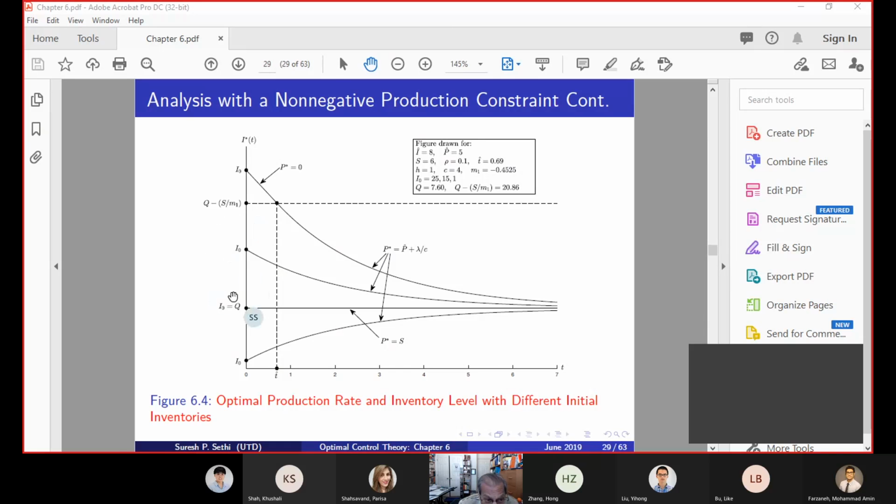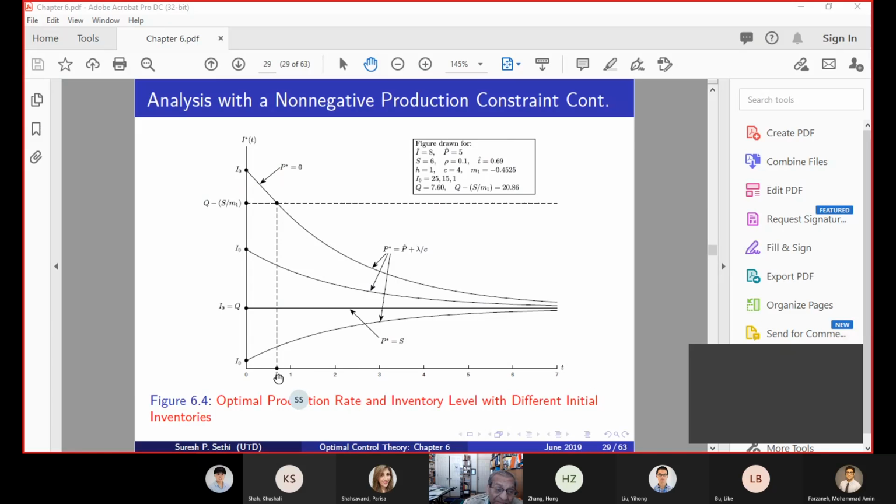We already solved the problem when I0 is Q minus S by M1, and I have a solution like that. Now when I have an I0 here and I apply 0, I would eventually arrive at this inventory quantity exactly at some time t hat.